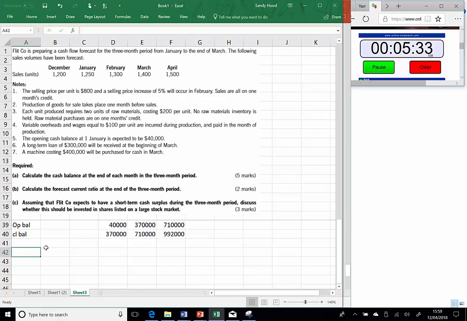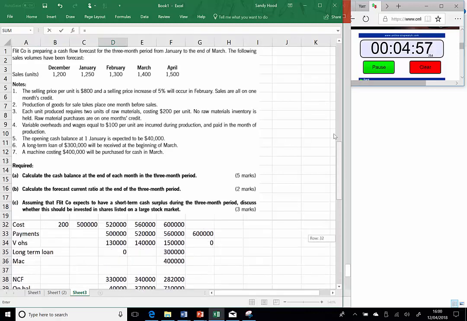So now I move on to the current ratio. And I know that the current ratio is going to be made up of inventory, trade receivables, cash, and trade payables. Now, fortunately, because I was using the spreadsheet, I was able to do some work on the trade receivables and the payables, so I'll get those in straight away.